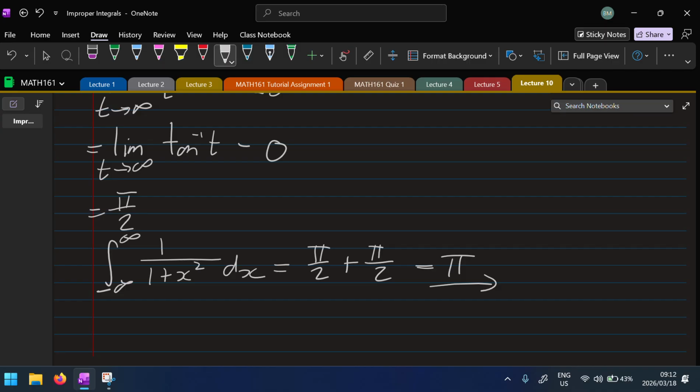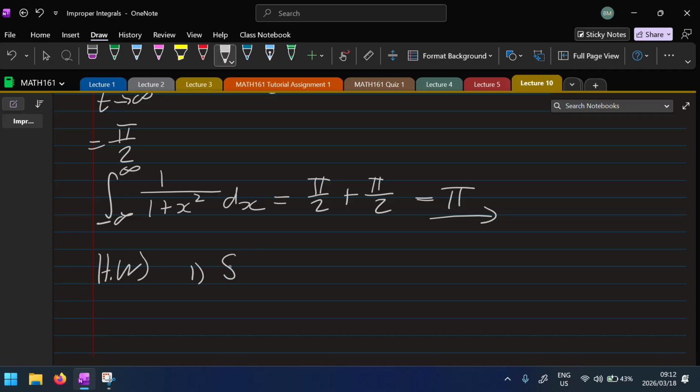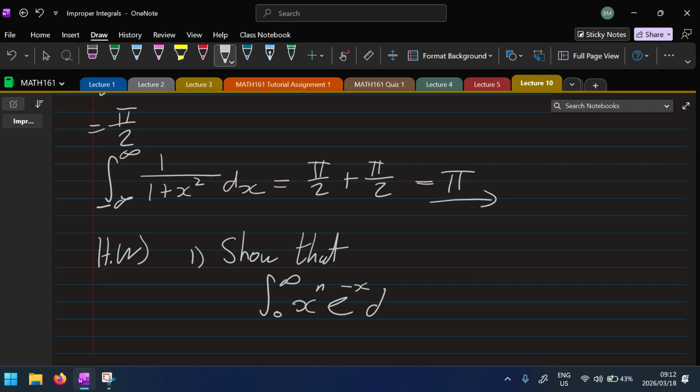All good. Okay, two homework problems for this. So number 1. Show that the integral from 0 to infinity of x to the n e to the minus x, where n is some integer, not any real number, is equal to n factorial.